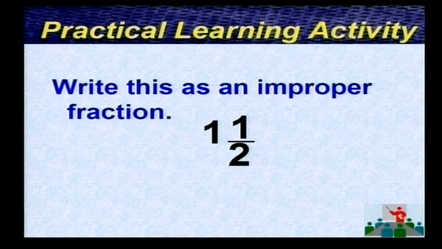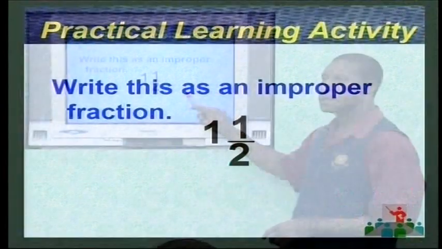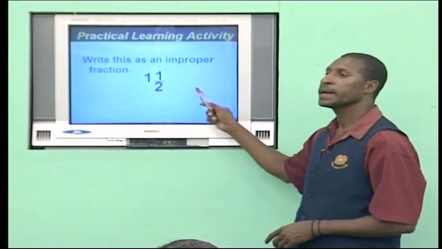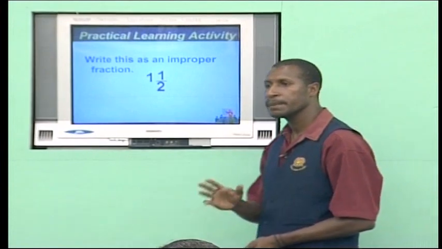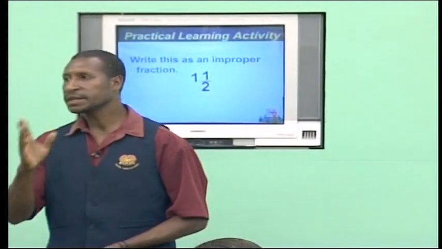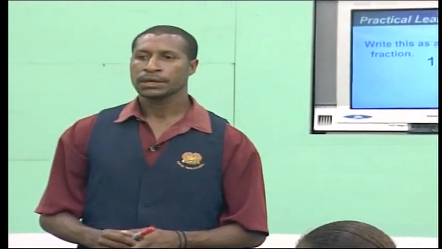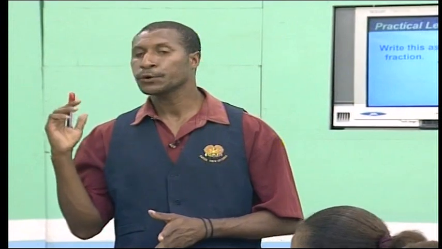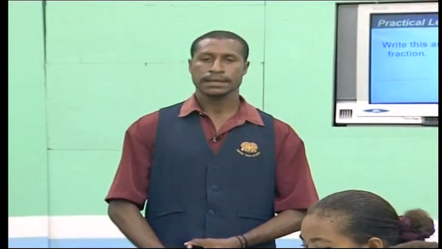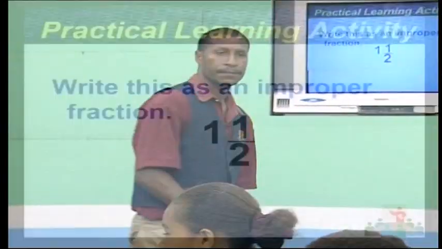Now, I would like you to discuss in your group and work out how you can write this mixed number as an improper fraction. Remember, you can change a mixed number to an improper fraction. So how can you do that? I would like you to work that out. Write the mixed number as an improper fraction.